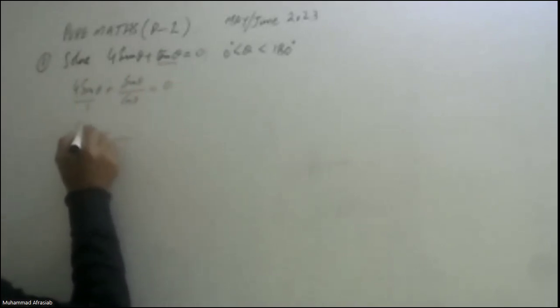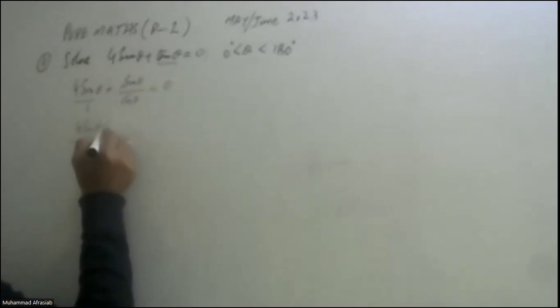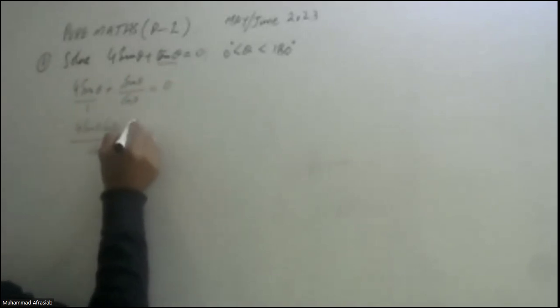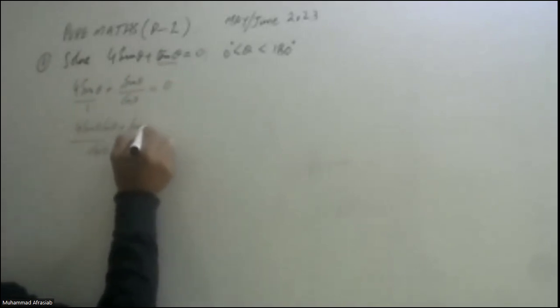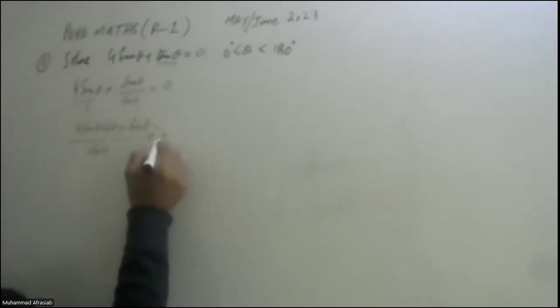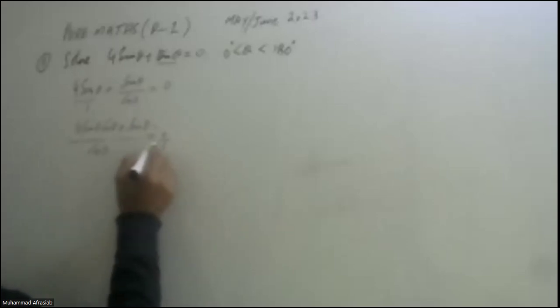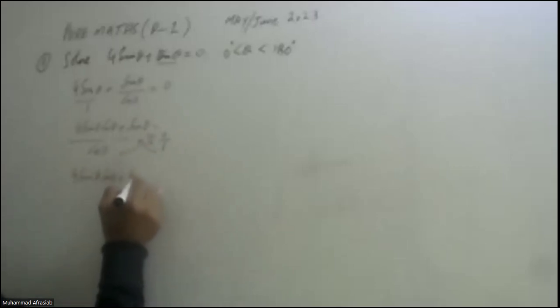It should be equal to 4 sine theta cos theta plus sine theta, and that is equal to 0. If you cross multiply, then this will be left: 4 sine theta cos theta plus sine theta is equal to 0.